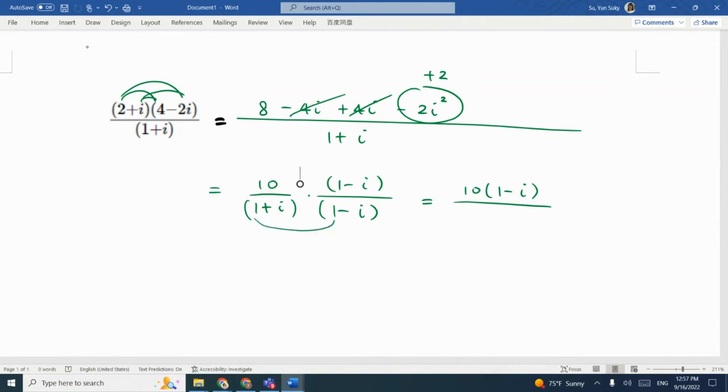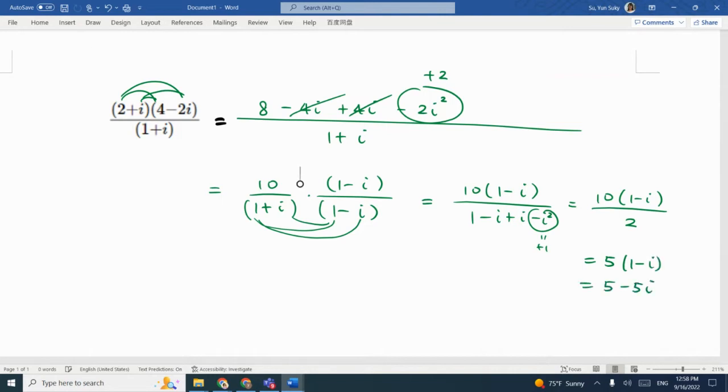So denominator, 1 times 1, 1. And then minus i. And then plus i. And minus i squared, which is positive 1. We get 10 times 1 minus i over 2, which is 5 times 1 minus i, which is 5 minus 5i.